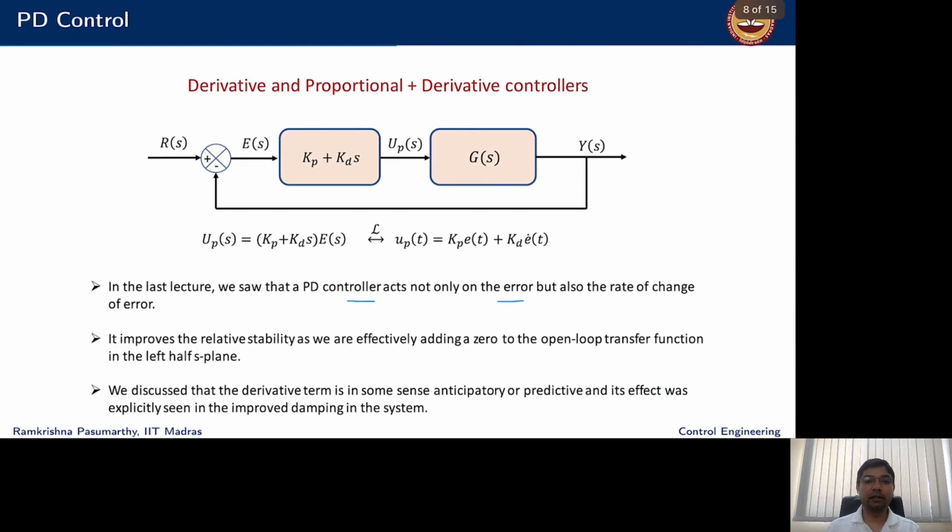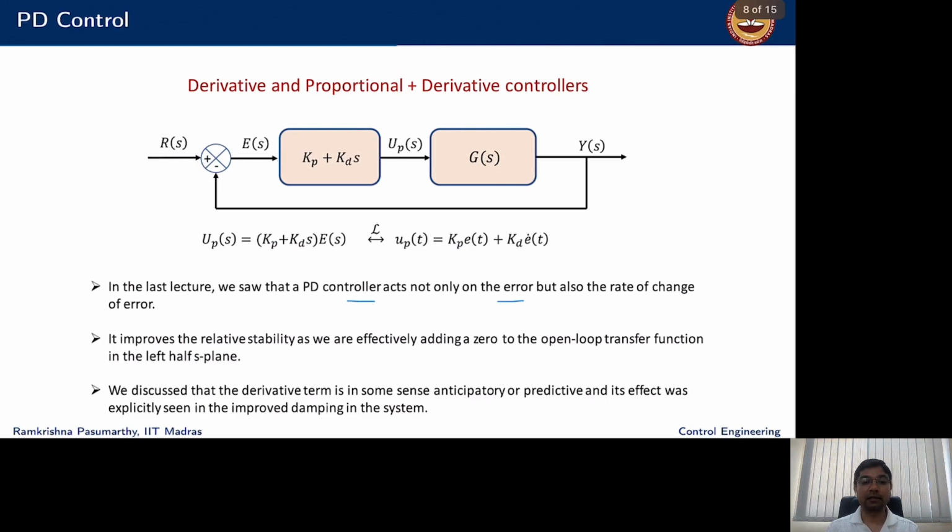Let us look at the PD controller. In the last lecture, we saw that PD control not only acts on the error, but also on the rate of the error. When I say the rate of the error, I have information on how fast the error is changing, and therefore I can act proactively to reduce the effect of the fast changing error. It also improves stability, as we are effectively adding a zero to the open loop transfer function.